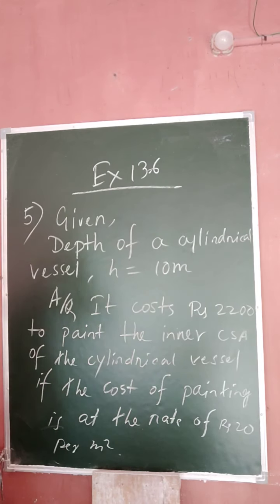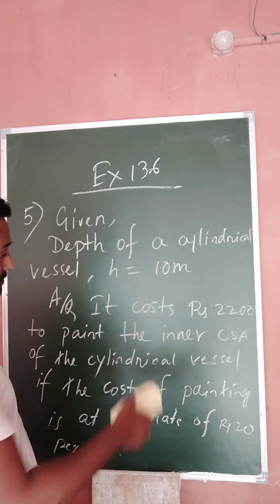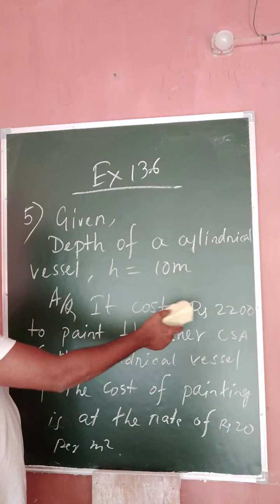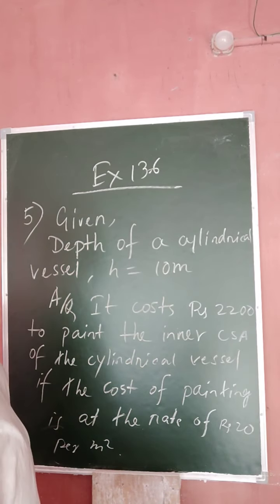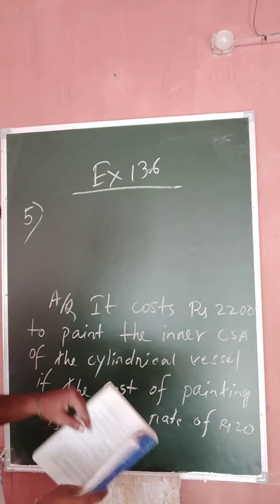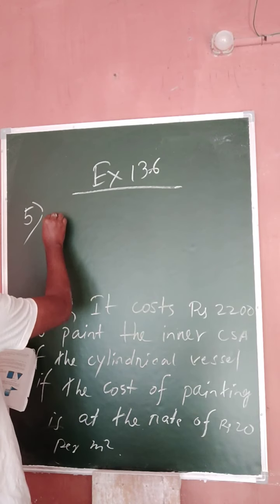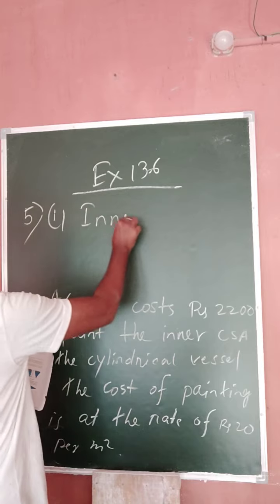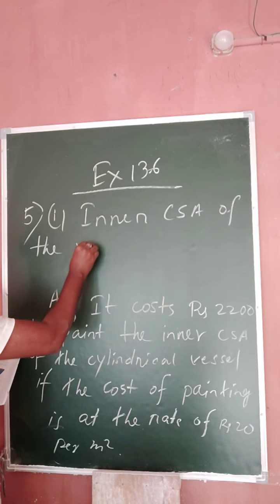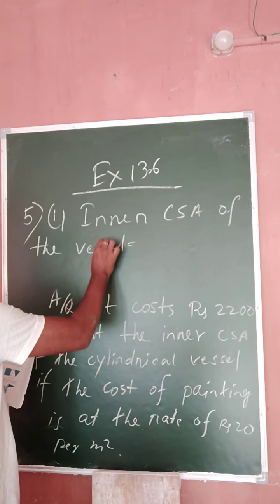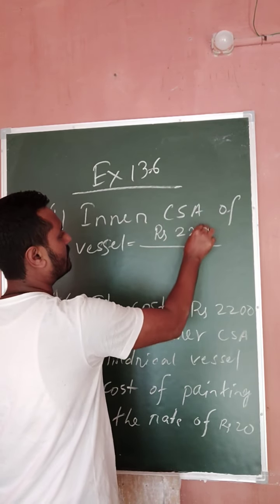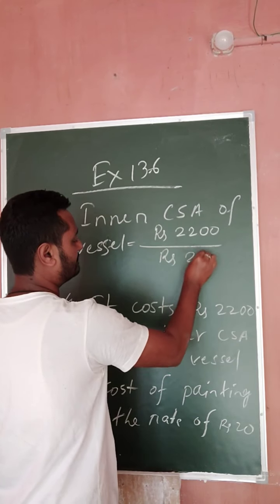According to the question, you have to write this because you cannot directly divide. The cost is rupees 2200, and it becomes 2200 at the rate of 20 per meter square; that thing you have to inform. So the first one is the inner curved surface of the vessel. Therefore the inner curved surface area of the vessel is rupees 2200 divided by rupees 20.